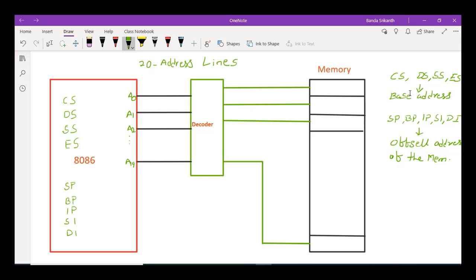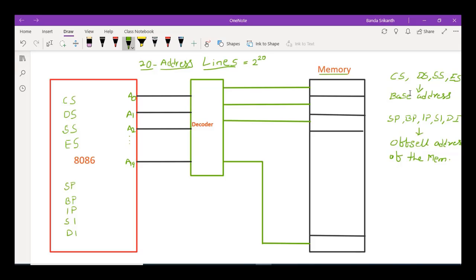See here, a memory location can be accessed by the address of that particular memory location, and this address is first stored in the CPU. As you are aware, the 8086 has 20 address lines, so it can access 2 power 20 memory locations.